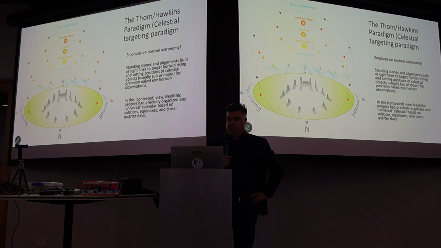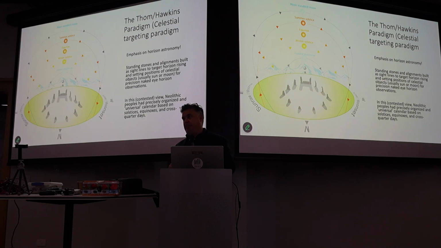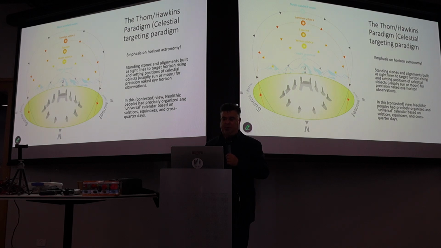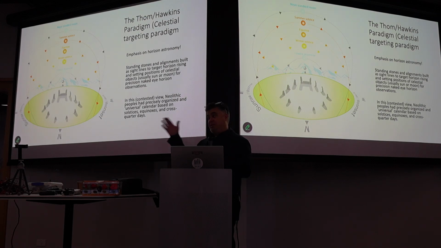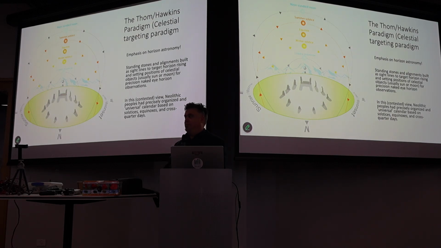We heard about it earlier from Clive, and this is essentially something that started with Gerald Hawkins' work on Stonehenge, now basically seen as more or less debunked, but also Gerald Tom's really intensive field work across the British Isles, looking at various sites and alignments, and the idea was that prehistoric peoples were making sight lines and using markers to mark positions of rising and setting positions of the sun or the moon on the horizon, right? Solstices, equinox. I think most of you are probably familiar with that.